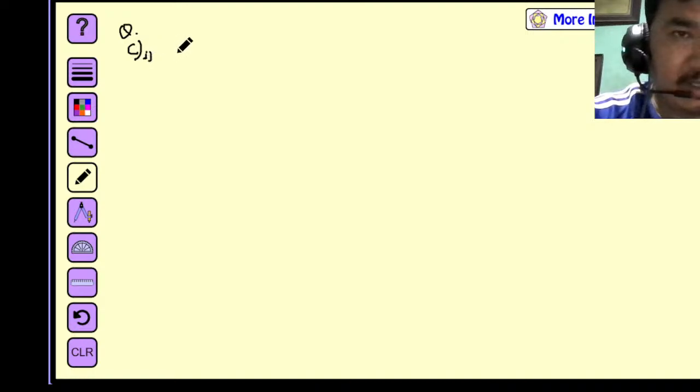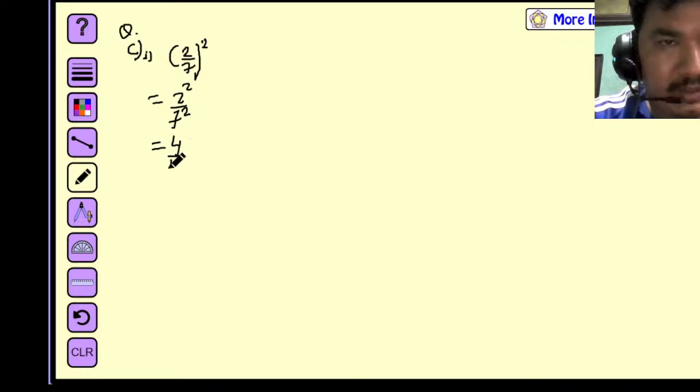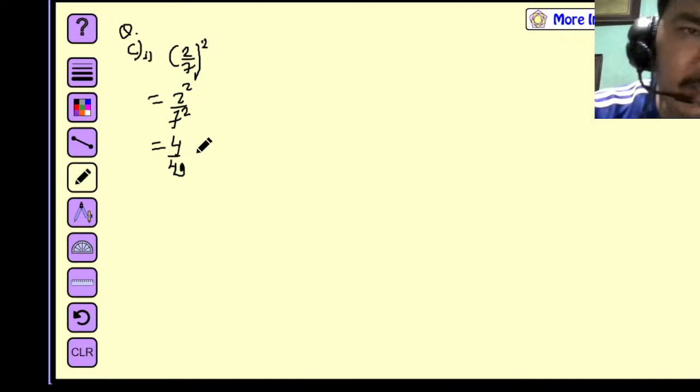Look at 2 by 7, (2 by 7) whole square, one question. Okay, when you remove the bracket, then 2 square will be up, right? And down there will be 7 square. The answer will come here directly. It's 4 by 49, 7 sevens are 49, right? 4 by 49, right? Suppose if a question like this is asked, what will you do?